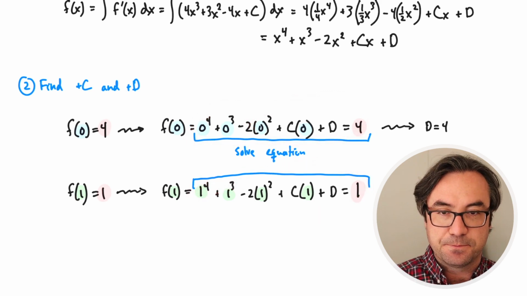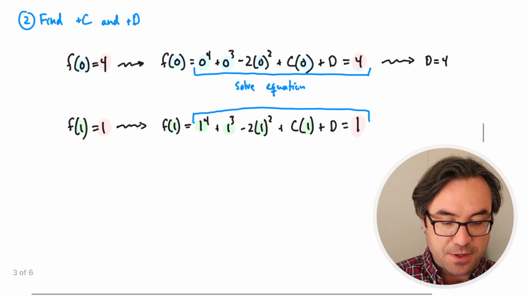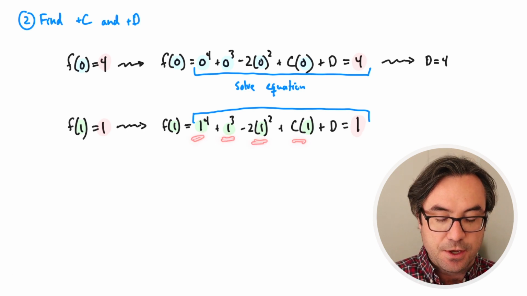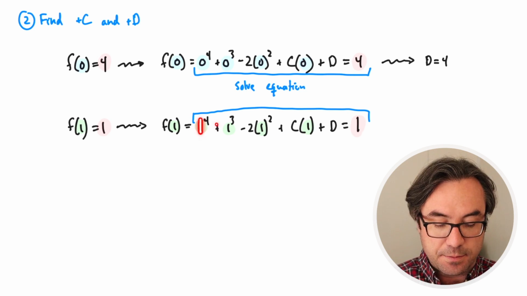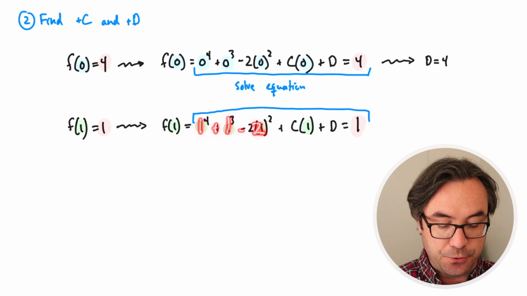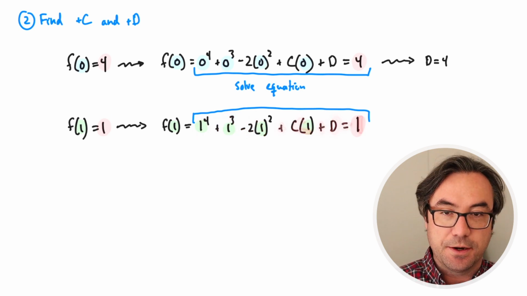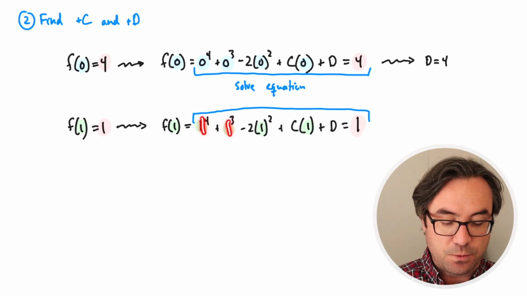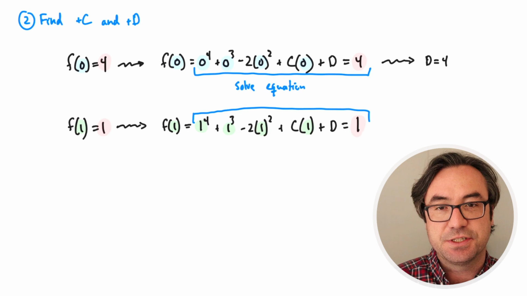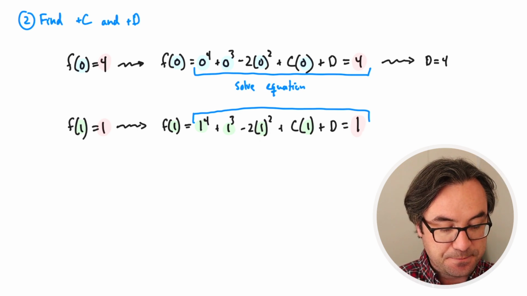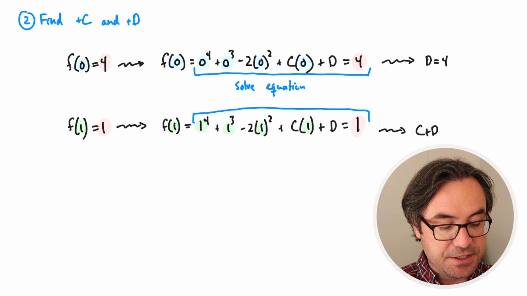And if we simplify this one down, we end up with 1 plus 1 minus 2 plus c plus d is equal to 1. So the 1 plus 1 minus 2 is just going to simplify to 0. So this equation actually simplifies to just c plus d is equal to 1.